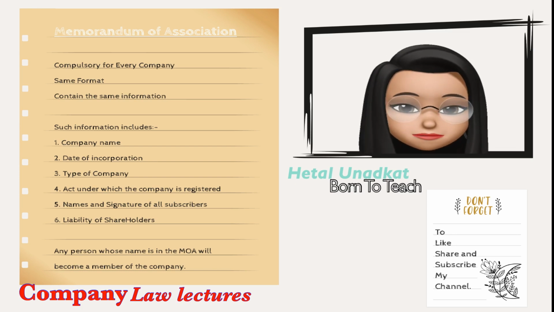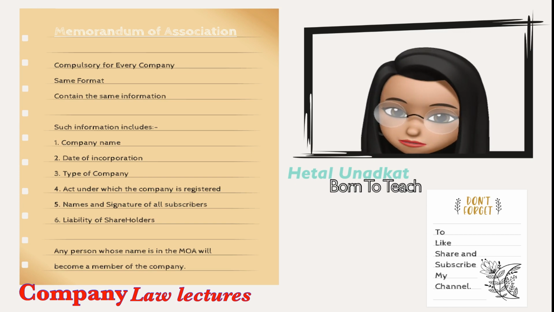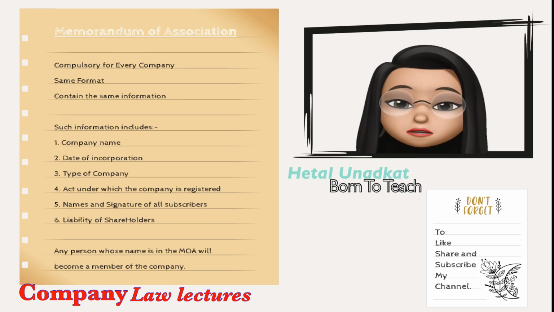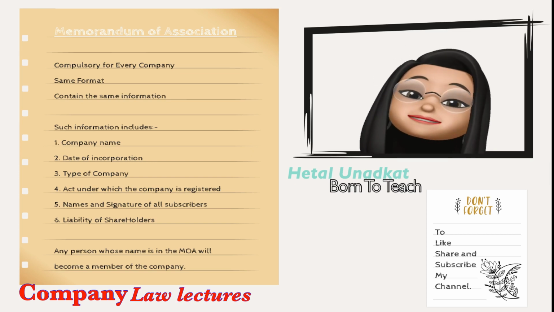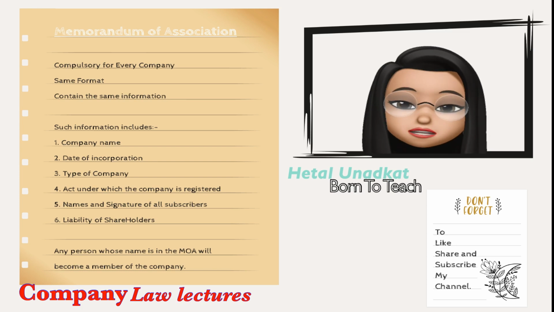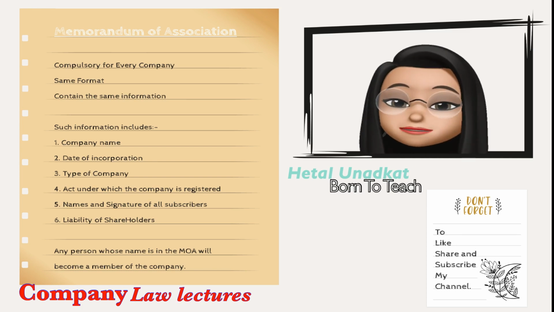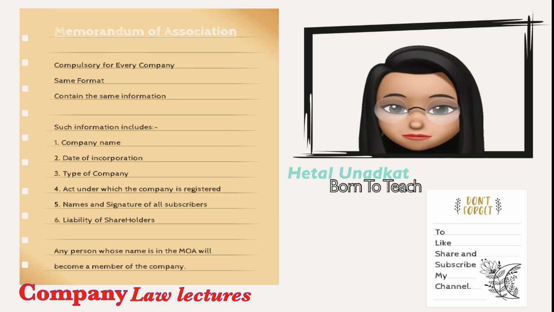The fourth one will be the act under which your company is registered. If you think there's only one act, no, you are wrong. There are so many acts under which your company can be registered, so you need to specify under which act you are incorporating your company. That will be the fourth title of the MOA.